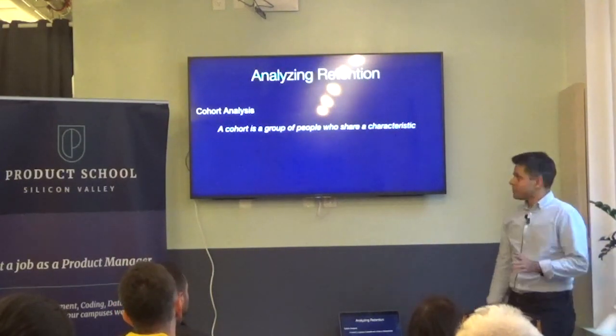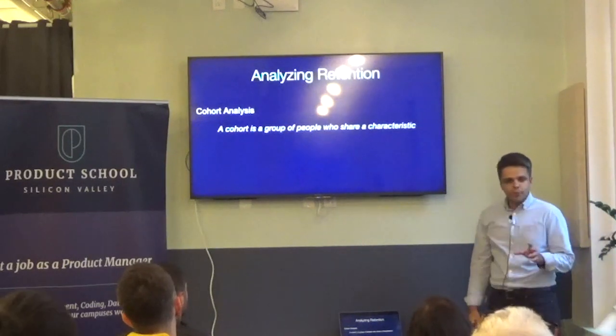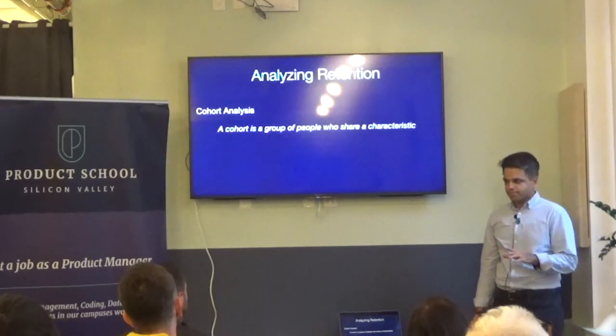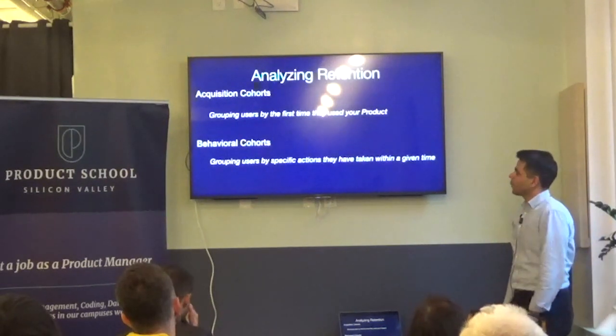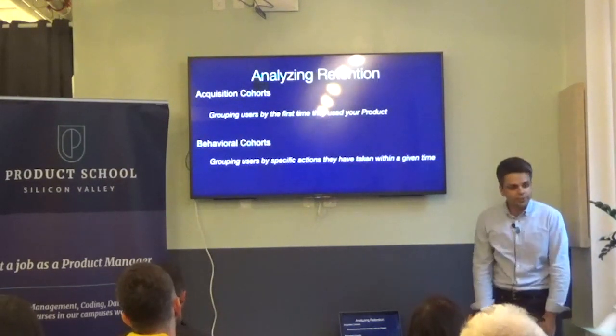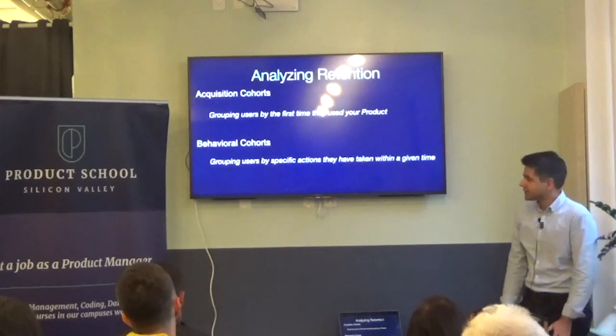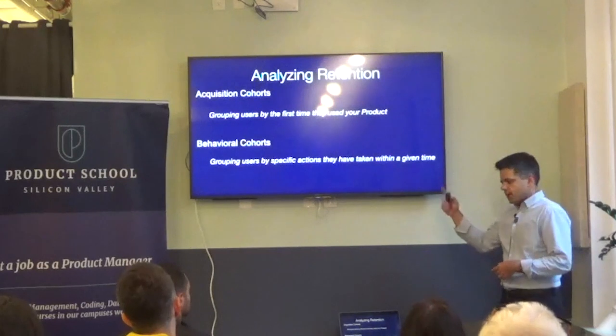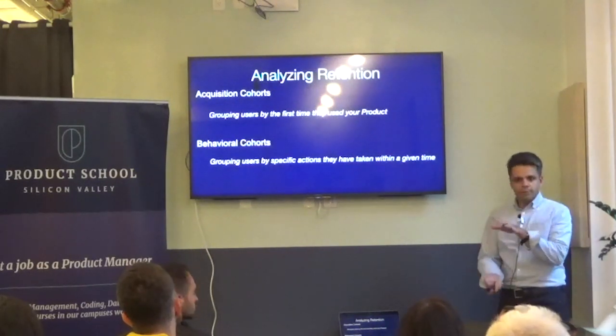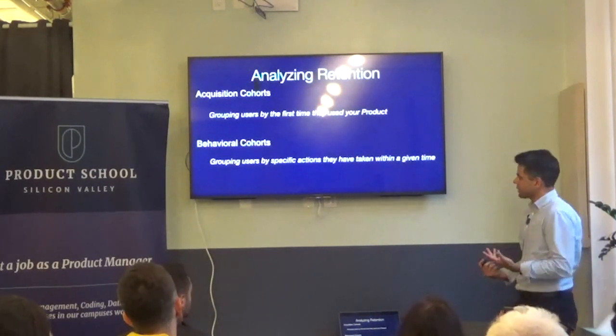A cohort is basically a group of people who share a characteristic. There are 2 types of cohorts. One we can call an acquisition cohort, and that is time-based. So you can group users by the first time that they use your product. As we saw in the earlier chart, we grouped everyone by that day 0. So that's how we're looking at them.